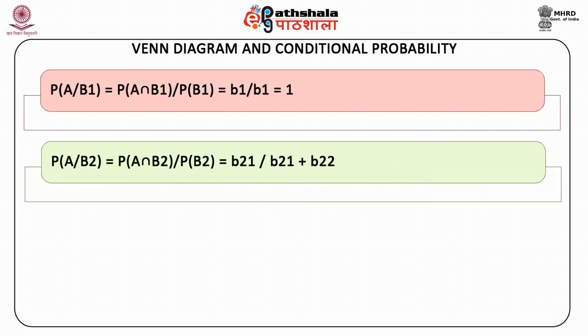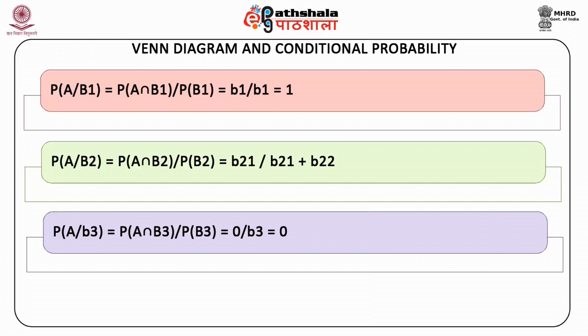Probability of A given B2 is equal to probability of A intersection B2 upon probability of B2, which is equal to B21 upon B21 plus B22. Probability of A given B3 is equal to probability of A intersection B3 upon probability of B3, which is equal to 0 upon B3, which is equal to 0.